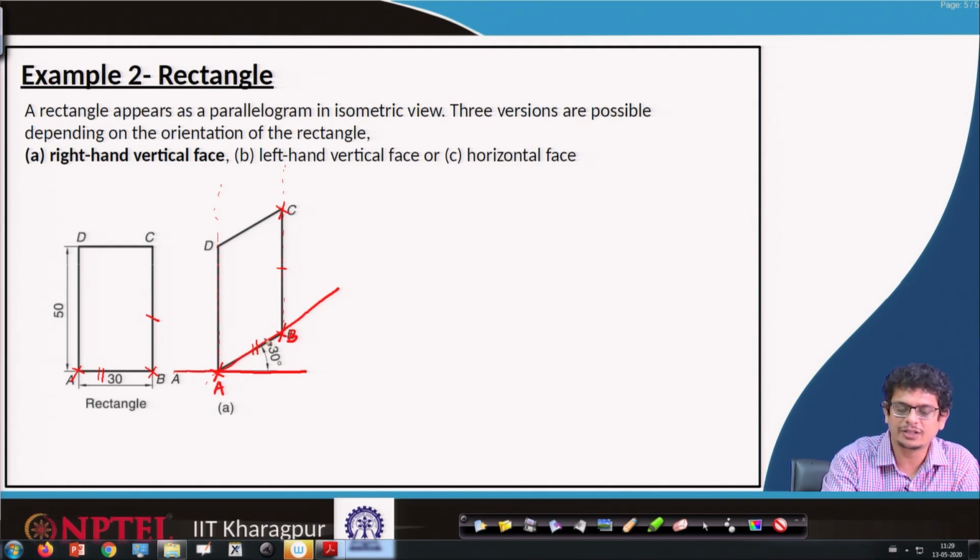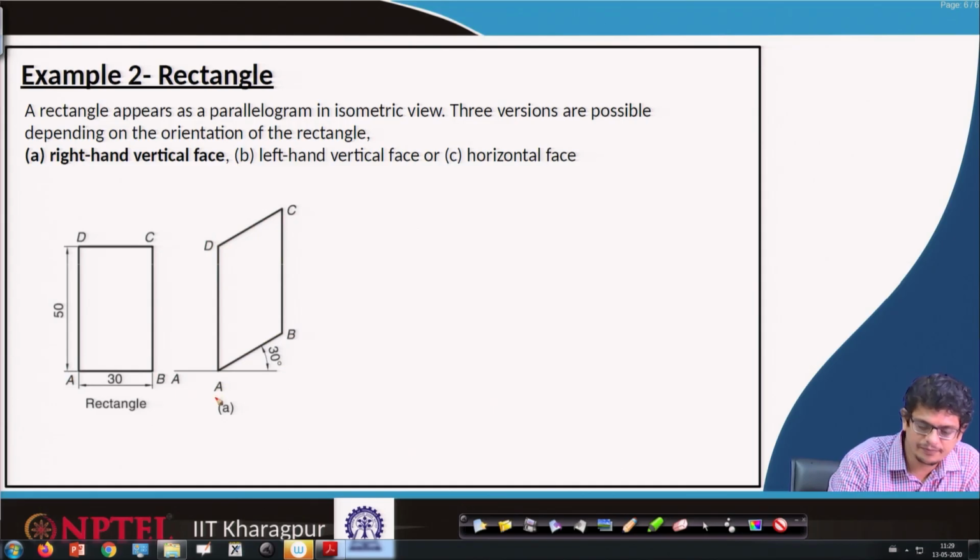Then use your drafter parallel to this red line and draw one more line passing through that point C. Wherever this perpendicular from A meets this line, call it D. So, now we have points A, B, C, D, and this is the first isometric view, because we are observing it from the right hand vertical face.